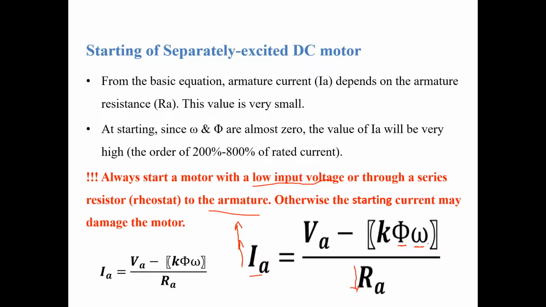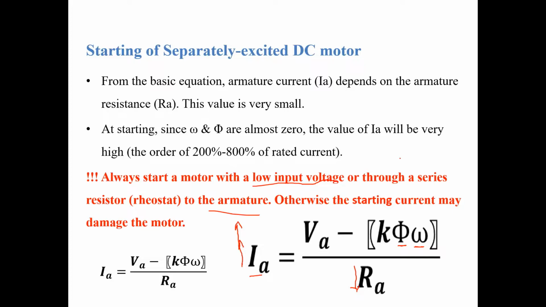Once the machine has reached the rated speed, we can put the voltage to the rated voltage, that is 200 volt. Or mostly we might not have a variable voltage or auto transformers.